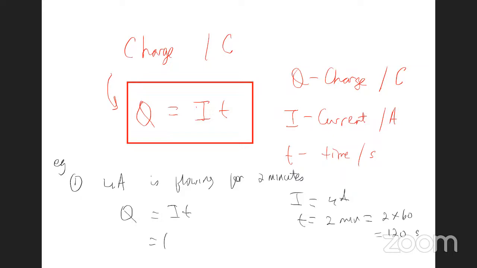So we'll get the charge, which is 4 by 120, which is 480 coulombs. Nice, Ishana, nice Katrina, Sahara, nice. Don't forget the SI unit. Viraj, you got that? Christian, you all got that?